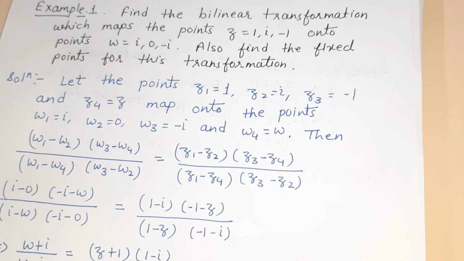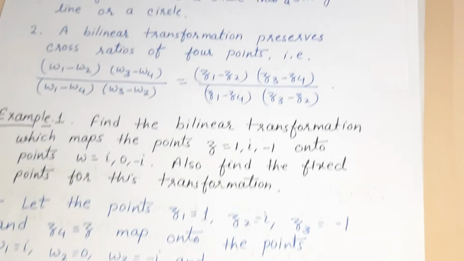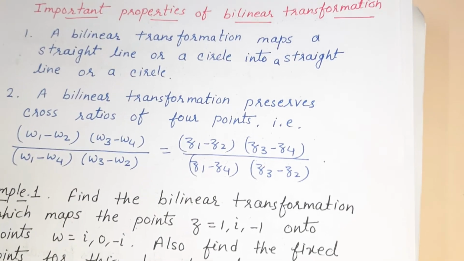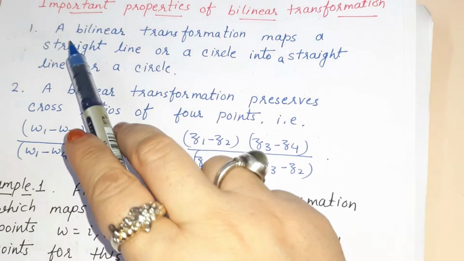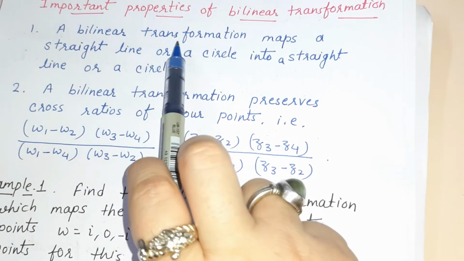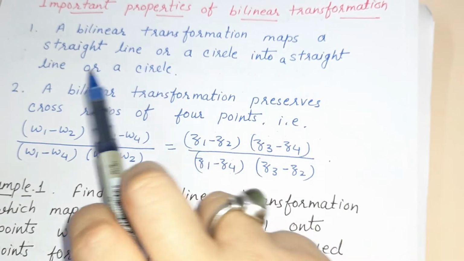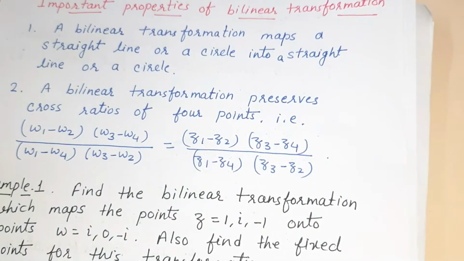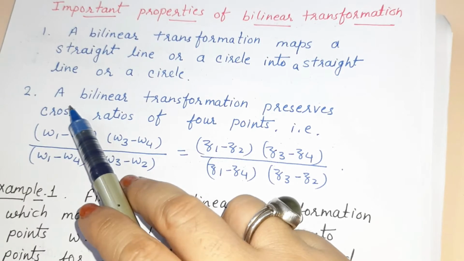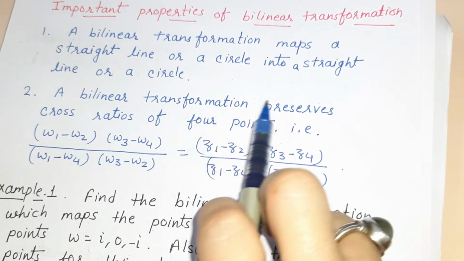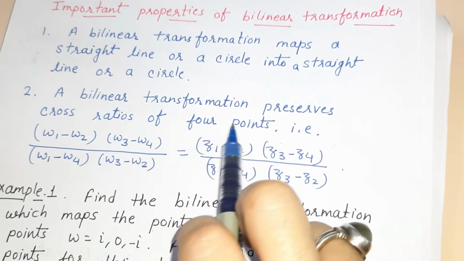Now we see some important properties of bilinear transformation. The first property is that a bilinear transformation maps a straight line or a circle into a straight line or a circle. The second property is that a bilinear transformation preserves the cross ratio of 4 points.